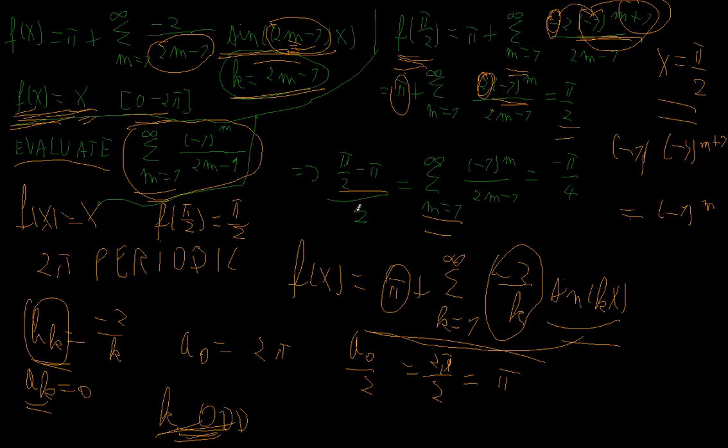And so this pi over 2 minus pi over 2 is equal to minus pi over 4, and so that is the value of the sum from m is equal to 1 to infinity of minus 1 to the m power over 2m minus 1. So yes, we evaluated this sum using the Fourier series representation of the function f of x is equal to x. And I think that's it. So it's minus pi over 4, the final result.